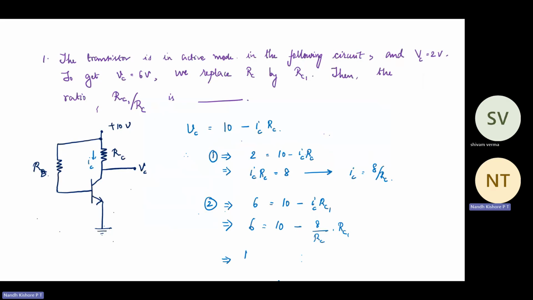You get RC1 over RC is going to be 0.5. 8 into 0.5 is 4, so 10 minus 4 is 6. So RC1 by RC is 0.5. Is this fine? Just using KVL itself, we have written the answer. Just by looking at the circuit, you can write. It's a very simple problem.